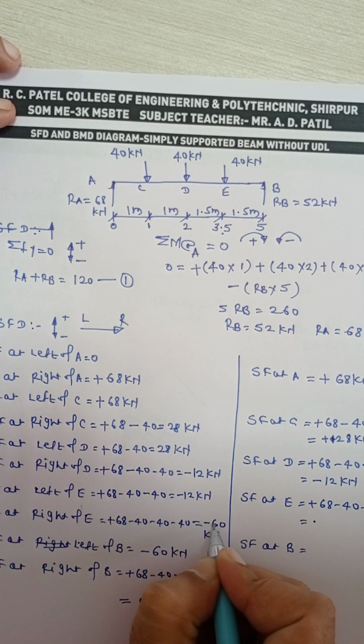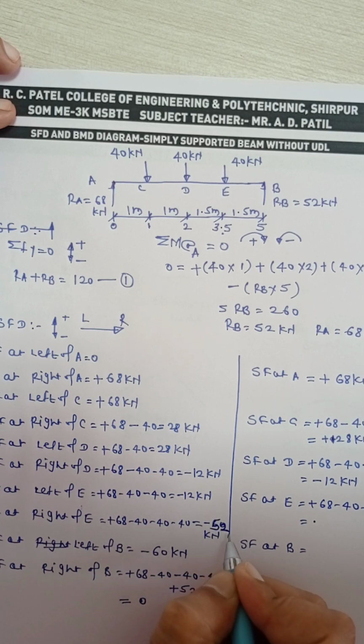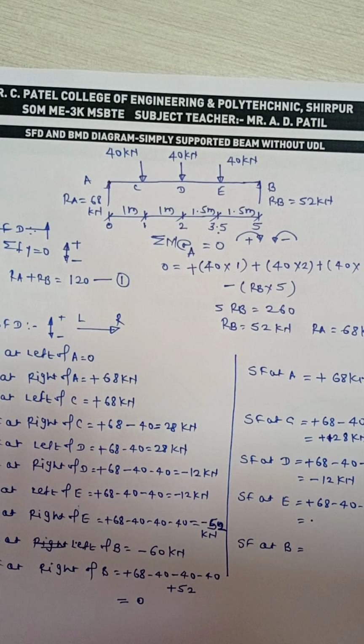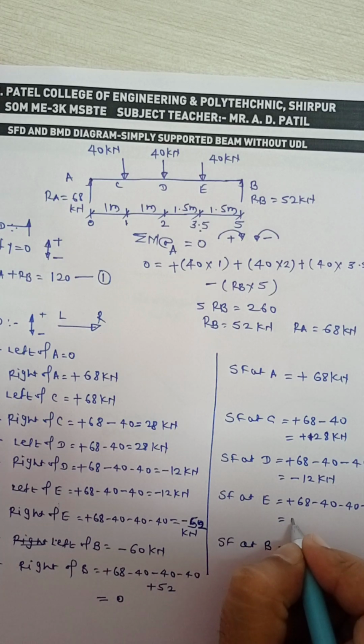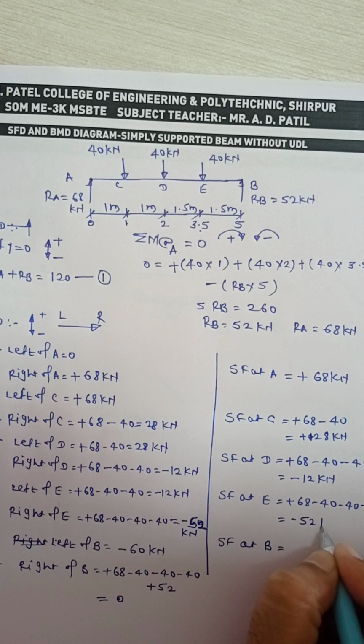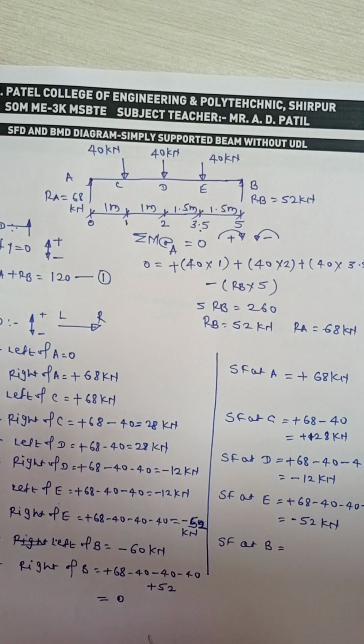This answer is minus 52. This answer is minus 52, a calculation mistake. Okay, so SFD at E is minus 52 kilonewton.